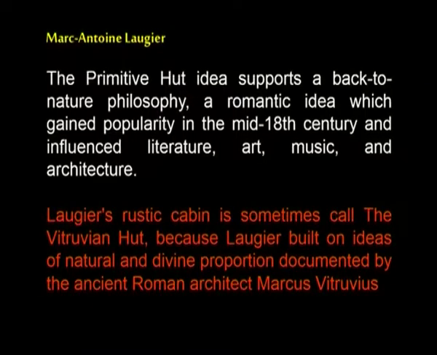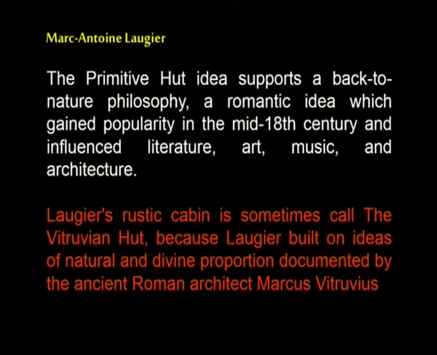The primitive hut idea supports the back to nature philosophy, a romantic idea which gained popularity in the mid 18th century, and it also influenced art, literature, music and architecture. Laugier's rustic cabin is sometimes called the Vitruvian hut because Laugier built on the ideas of nature and divine proportion documented by the ancient Roman architect Marcus Vitruvius.